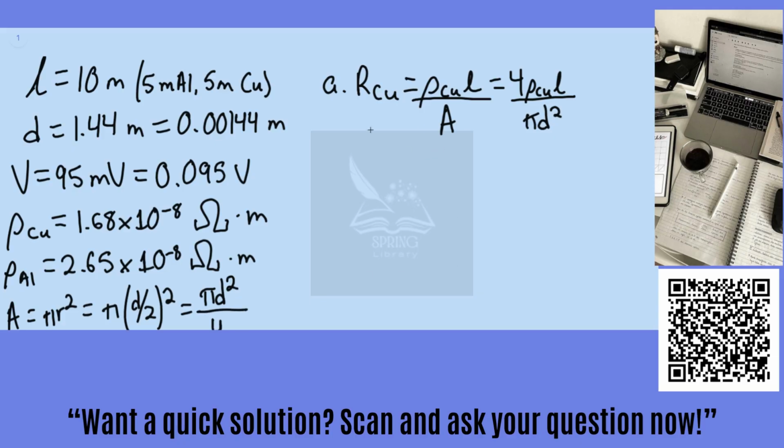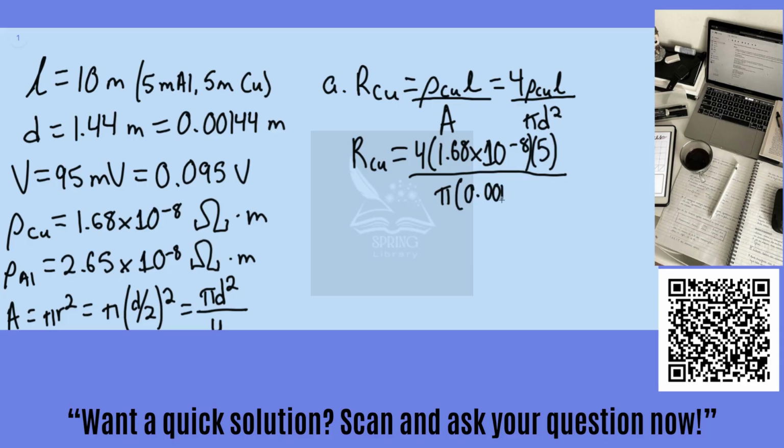And at this point, we can solve. So the resistance in the copper section will be 4 times 1.68 times 10 to the negative 8, times 5 divided by pi times 0.00144 squared. And this is equaling 0.05457 ohms.